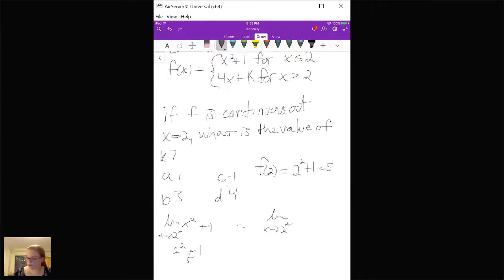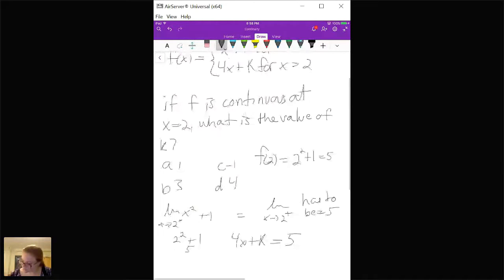Okay, great. So the limit from the right has to be equal to 5. Has to be, not the letter B. So if the limit from the right has to be equal to 5, we know that 4x plus k has to, sorry, not plus 5, plus k has to be equal to 5.